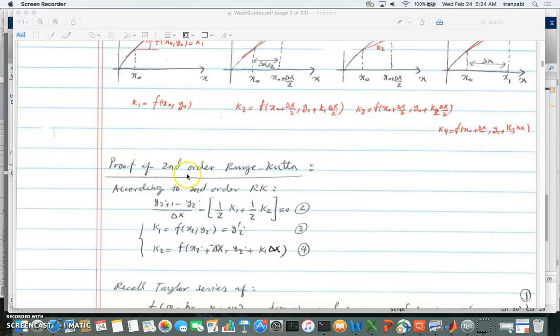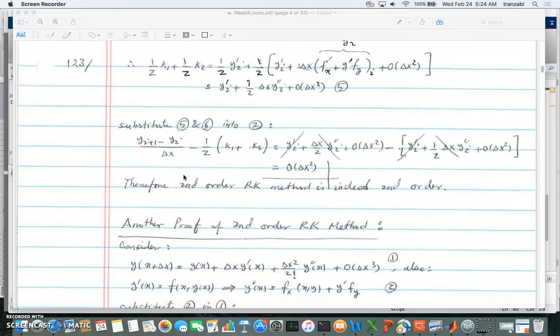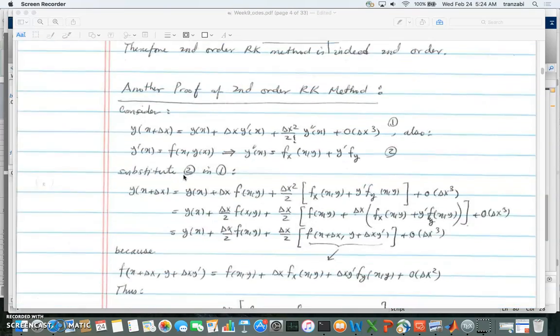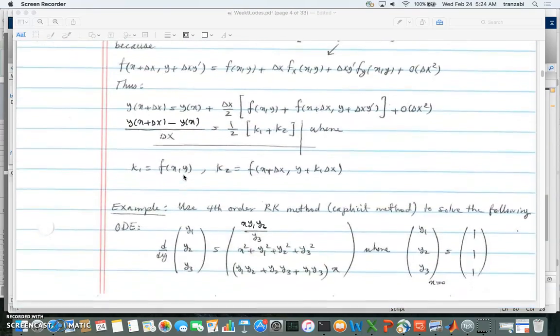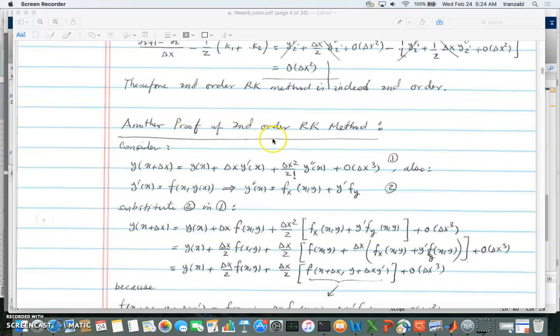So that is second order. RK4 is actually fourth order. I don't think I have the proof here, but you can follow the same proof I have for RK2. Actually, I have two ways to prove that RK2 is second order using Taylor series, so I'll leave it for you to take a look. I don't cover it in class.